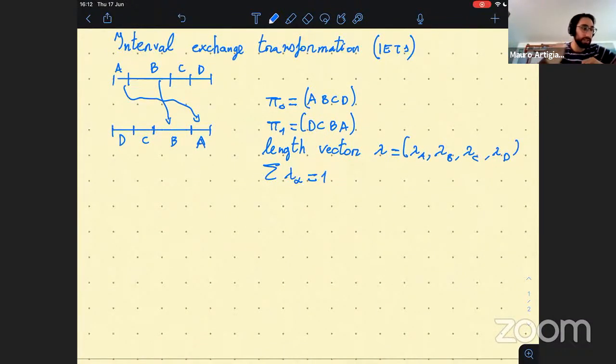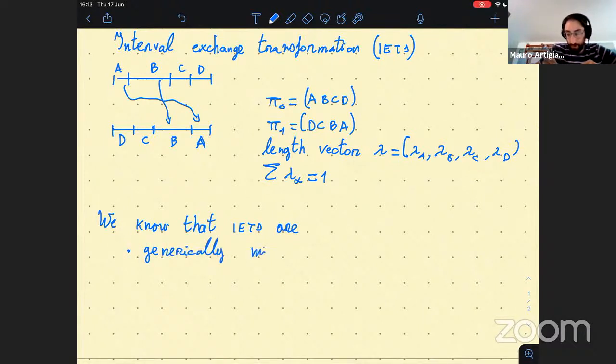So what we know, for instance, let me just say a few things. We know that ITs are generically minimal, meaning that if I fix one permutation datum and then I pick at random some lengths, then with probability 1, I get a transformation which is minimal, meaning that every orbit is dense.